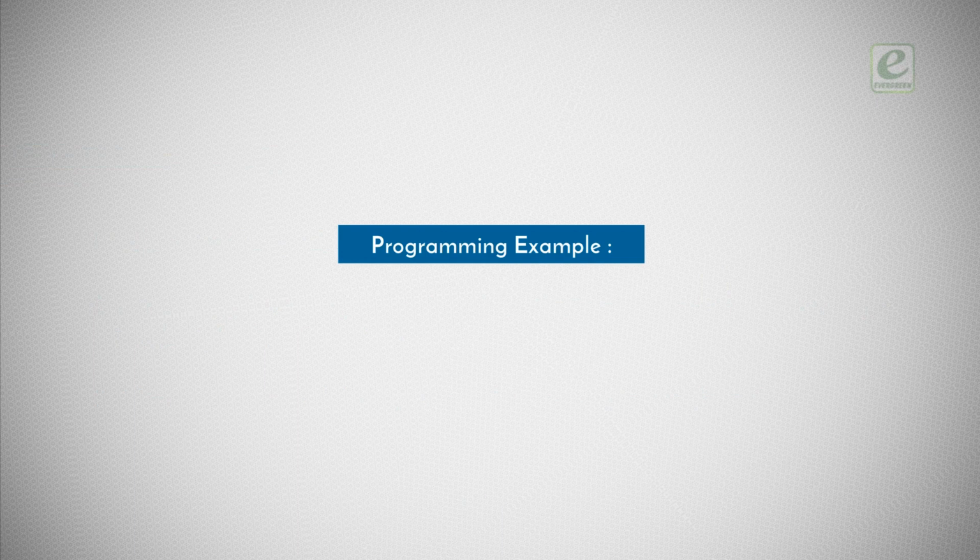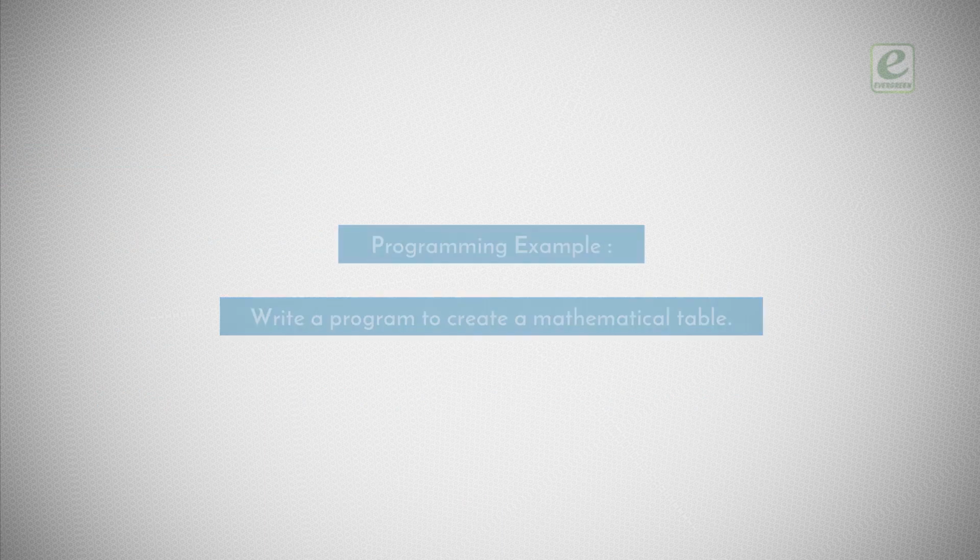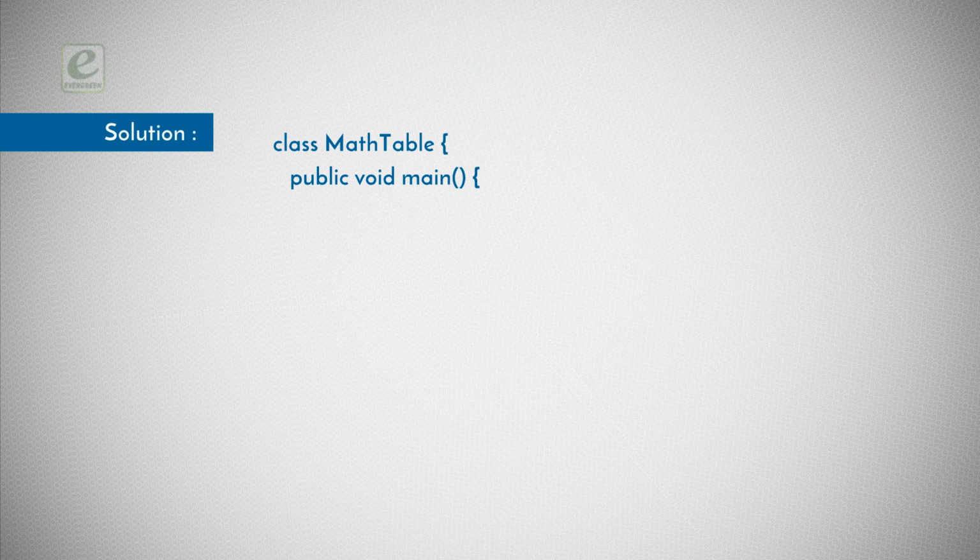Programming example. Write a program to create a mathematical table. Solution. Class MathTable, curly brace open. Public static void main, within brackets, curly brace open. int i, j, k, semicolon.